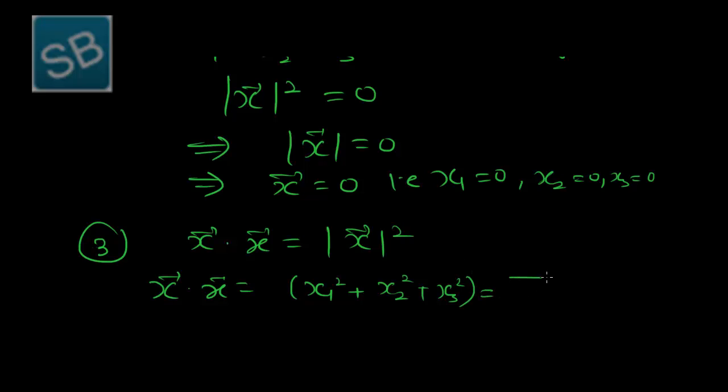So it can be written as, because square and root cancel out, this is the mod x. Therefore, x dot x is equal to mod x square.